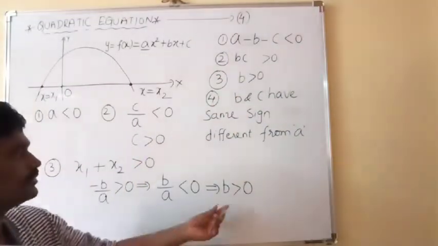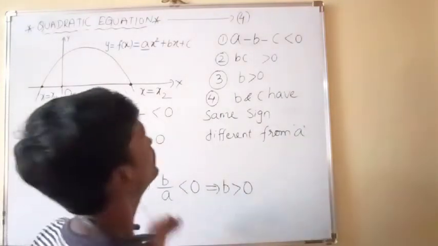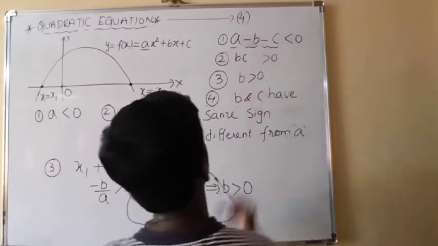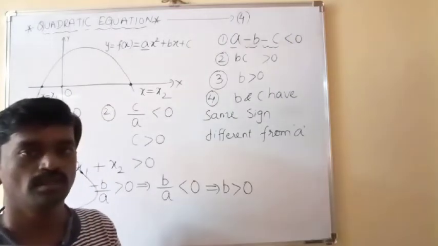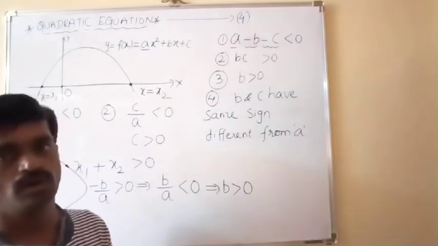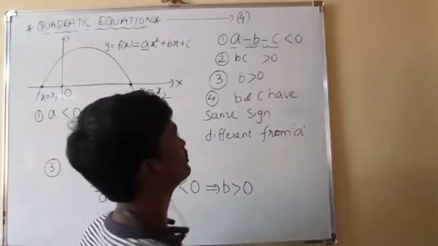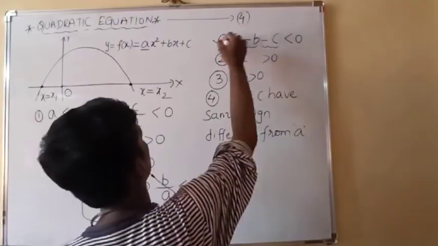Because B positive, C positive means minus B and minus C are negative. So A is a negative value, minus B a negative value, minus C a negative value. A minus B minus C is the sum of three negative numbers, so it should be a negative number. So the first option is correct.